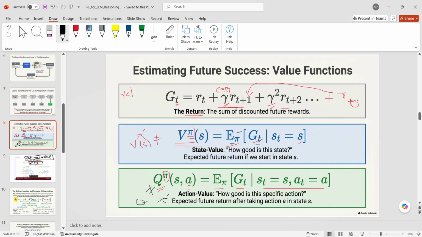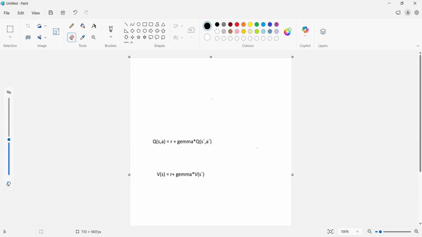To further clarify: if I am in a state S and I know that this action A is going to give me the best reward I know so far, which is 10, the next time I reach this state S, I am going to repeat this action A.